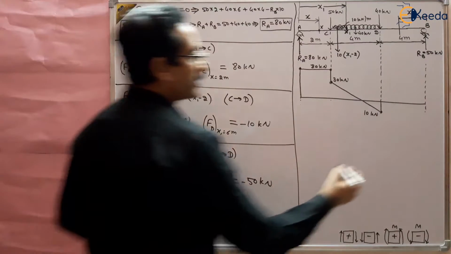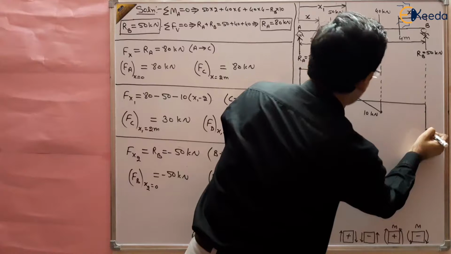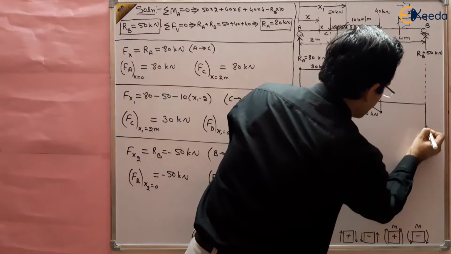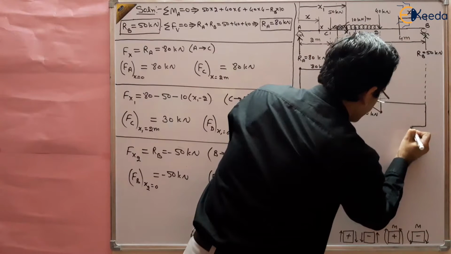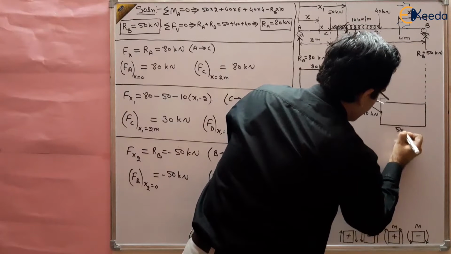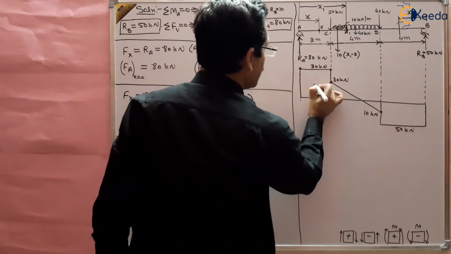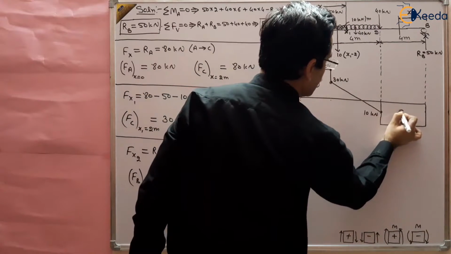So now we are drawing starting from here. This is minus 50 and it is constant from here to here, like this. So this part is 50 kilonewton, and here it is positive and here it is negative, right?